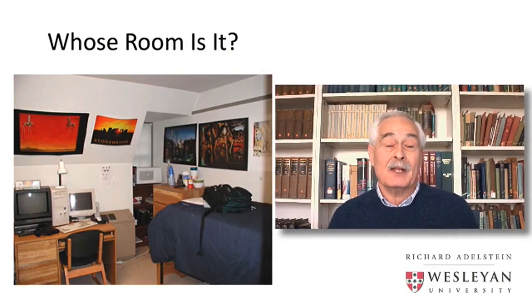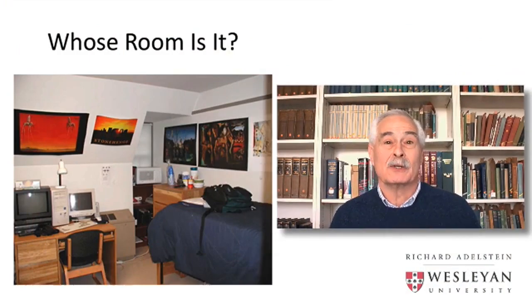To illustrate this idea, I've asked you to look at an example of a dorm room, a college dormitory room like the one in the picture. Let's imagine, although it isn't really the case, that this is a picture of a dormitory room on my own college campus. I work at a school called Wesleyan University, which is located in a small city in the center of Connecticut called Middletown, Connecticut, and Connecticut itself is in the northeastern part of the United States.